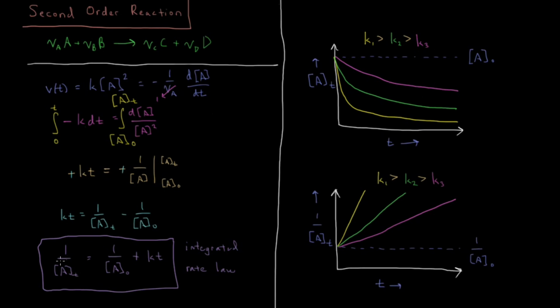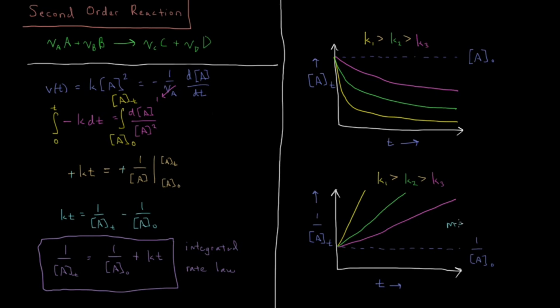But because of the structure of what I have here, you'll notice that I have a linear equation if I'm talking about graphing the inverse of A. So I have a linear equation y equals mx plus b here. It's a linear equation if you graph 1 over A versus time. Your slope is just k, your rate constant.